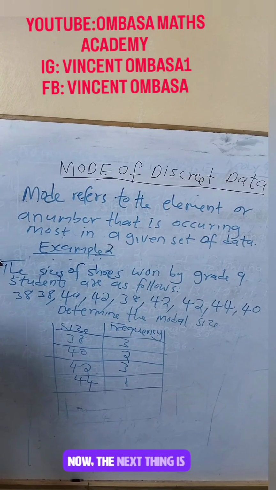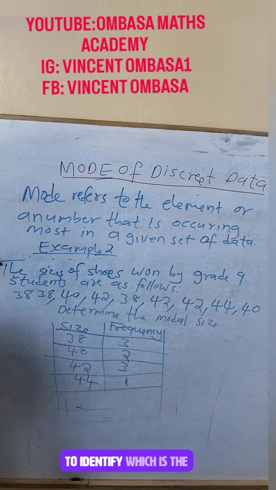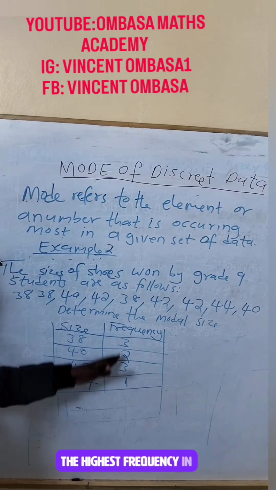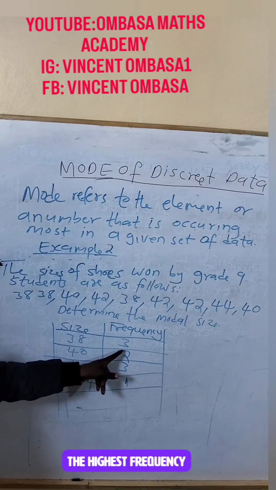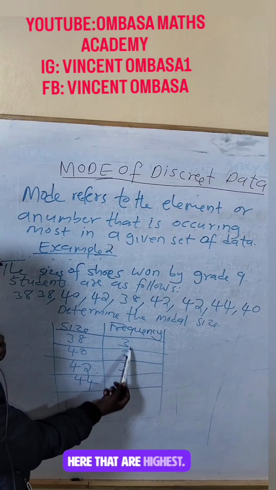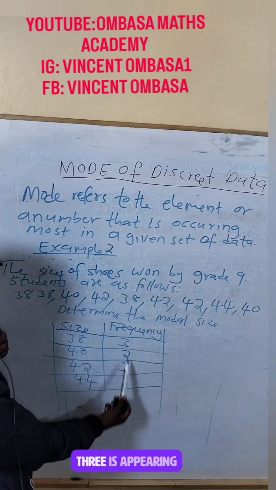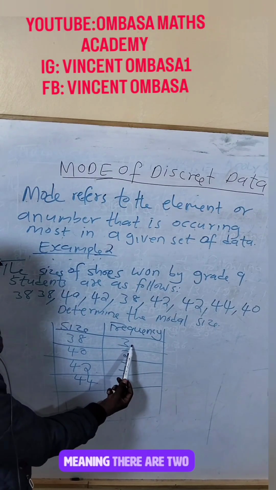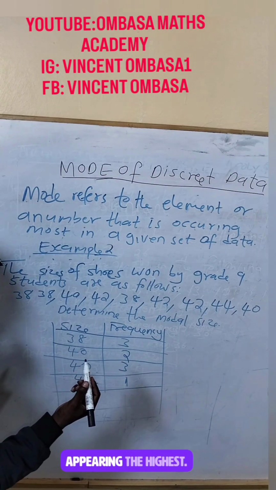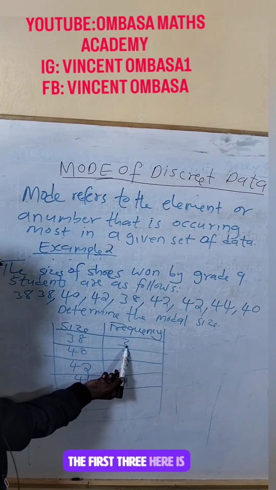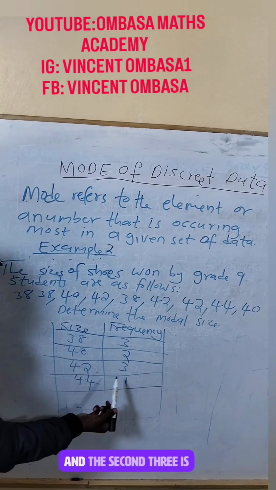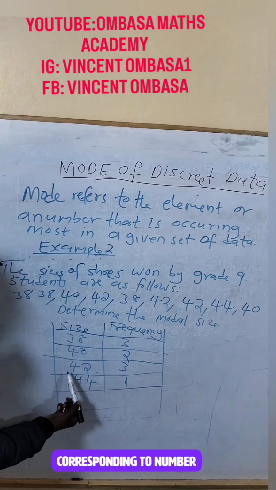Now the next thing is to identify which is the highest frequency in the table. The highest frequency gives you the mode. We have two frequencies here that are highest. 3 is appearing twice, meaning there are two numbers that are appearing the highest. The first 3 is corresponding to the number 38, and the second 3 is corresponding to number 42.